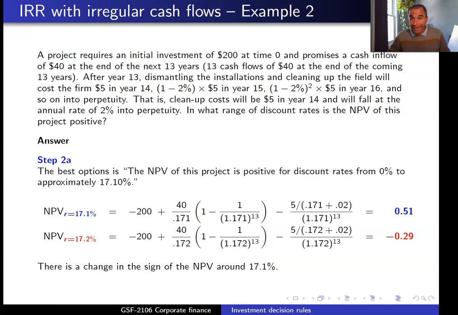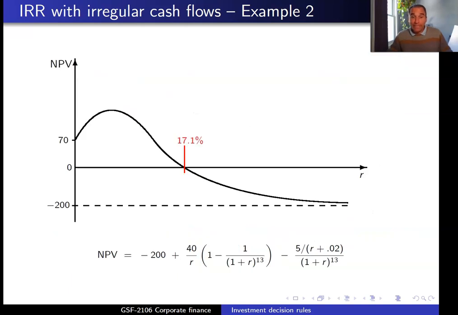Net present value enters negative territory at 17.2, which means that the internal rate of return of this project is somewhere around 17.1%. So this is what the graph of the NPV of this project looks like.